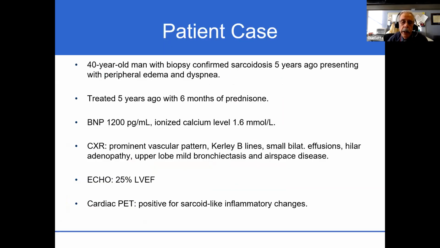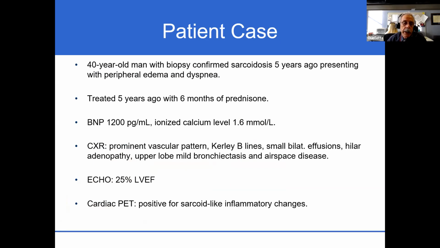Here's our second case scenario for treatment. A 40-year-old man with biopsy-confirmed sarcoidosis 5 years ago comes with peripheral edema and dyspnea. He was treated 5 years ago for sarcoidosis with 6 months of prednisone. He has a confirmed biopsy in the past.